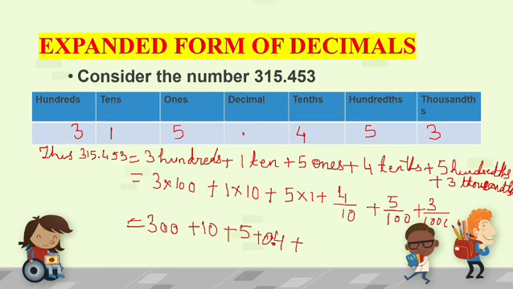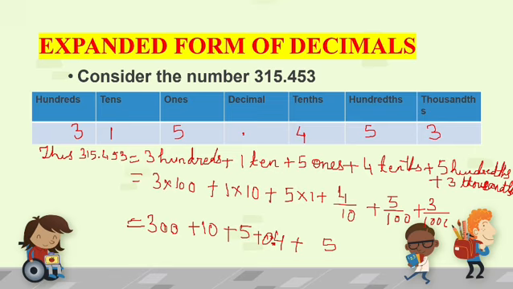Then comes 5 by 100. How many zeros are there in 100? 2 zeros. So after 5, how many places do you need? Yes, one more place you need, right? Here 2 zeros are there, so 2 places you need before the decimal point. But 5 is only a single digit number. Where is another number?